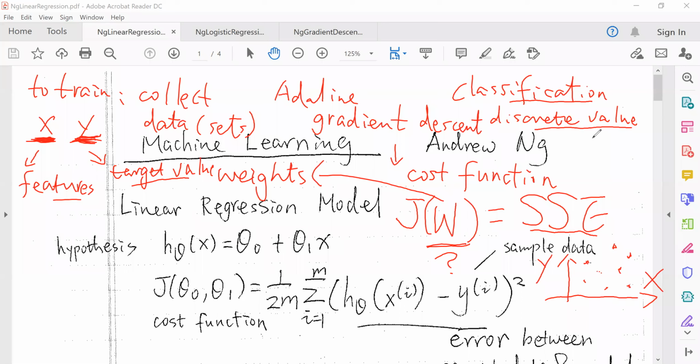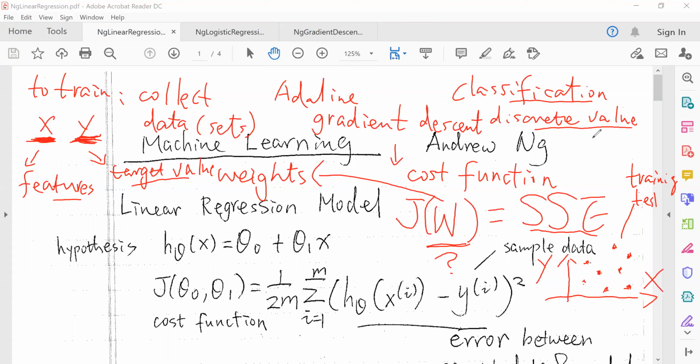We need to have this clear concept. The dots represent the training and testing data.